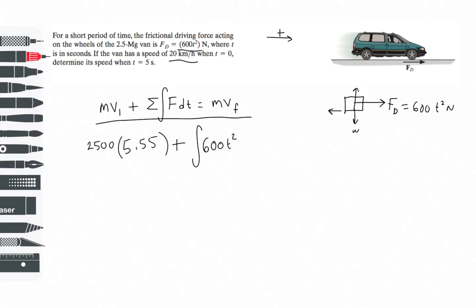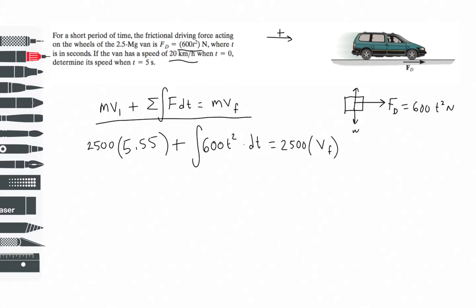Then you would also add the friction force, well, actually a minus here because it's acting in the negative x direction, since we defined to the right as positive. That's the sum of all impulses in the direction we're interested in. Anyways, let's continue. This with respect to time is equal to the mass, which stays the same, 2,500, times the final velocity, which is what we're trying to figure out.